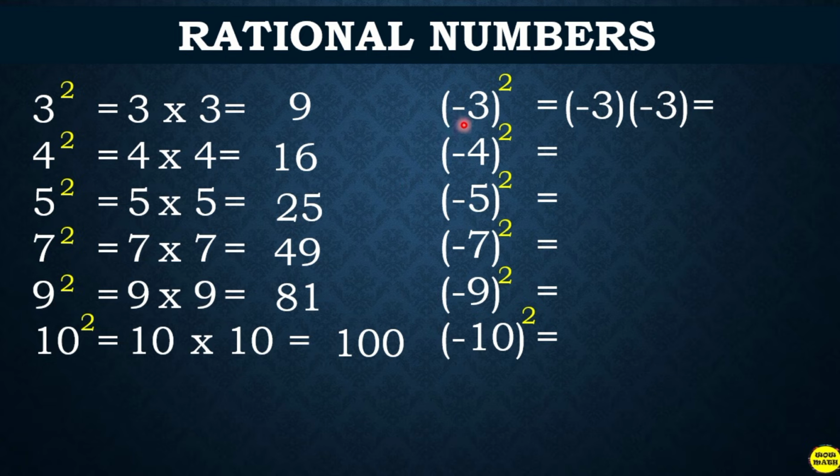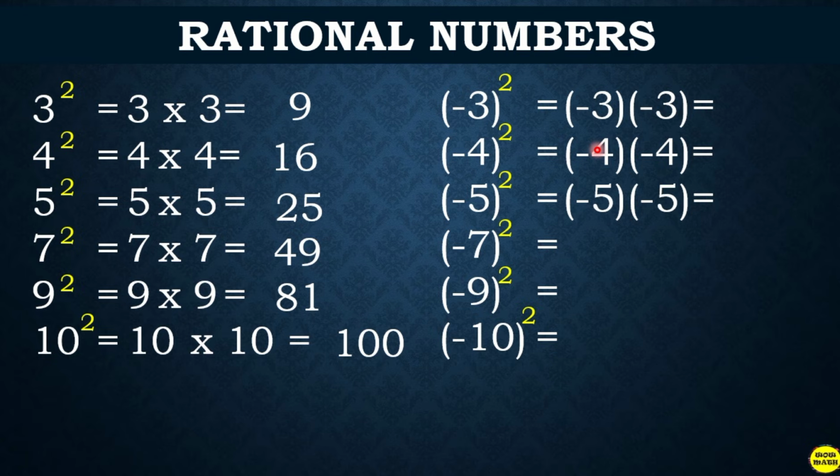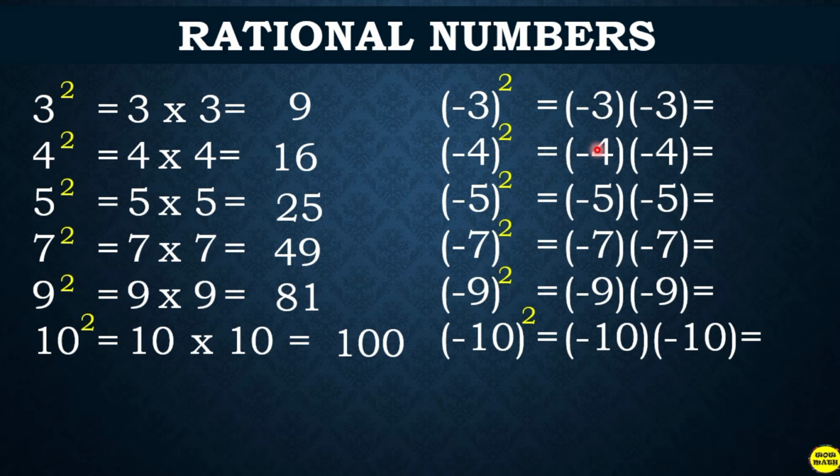Okay, so when we are squaring a negative number, as you can see, we will have negative 4 times negative 4, negative 5 times negative 5, and so on. Okay, so if we will be getting the product of these numbers, kapag in-square natin itong negative numbers na to, anong makukuha natin?